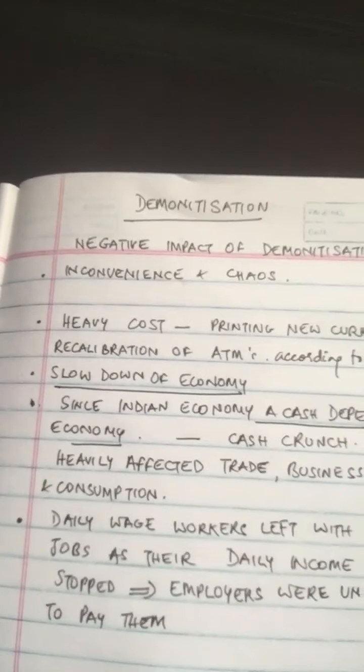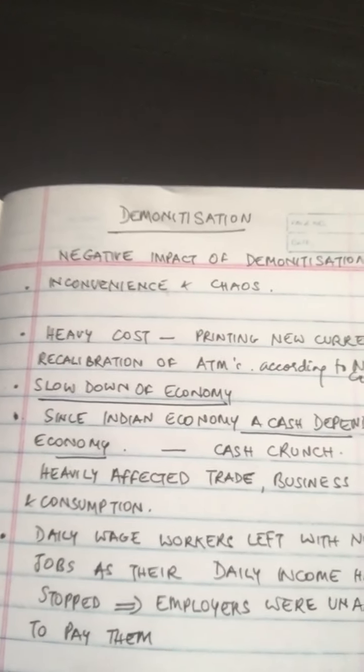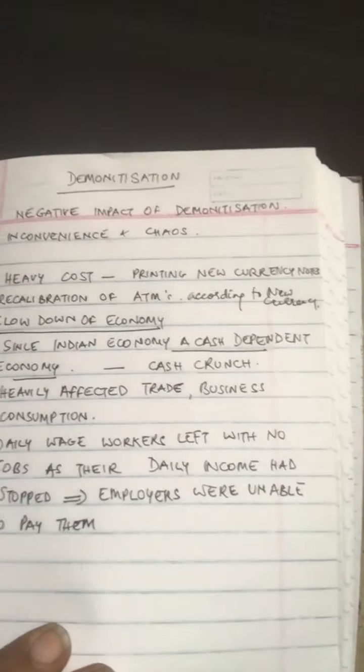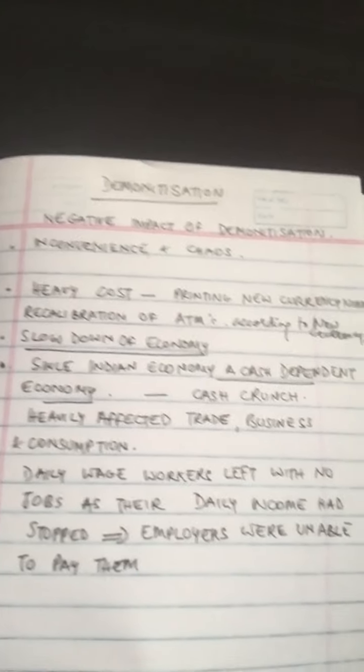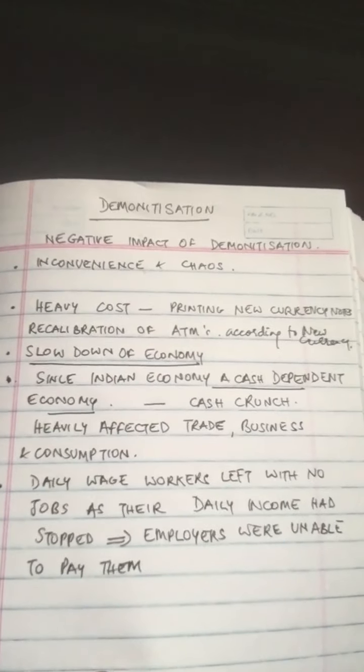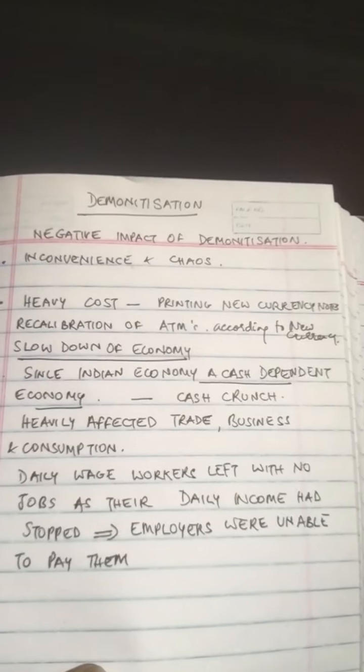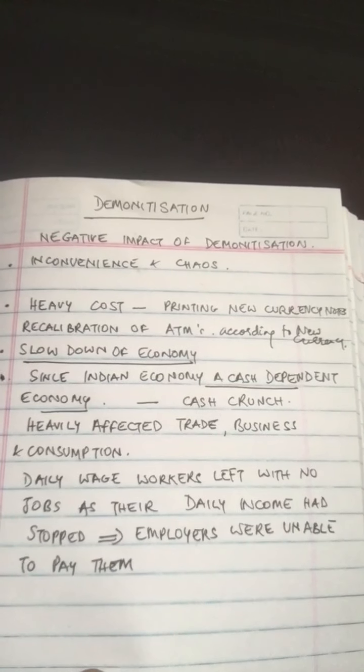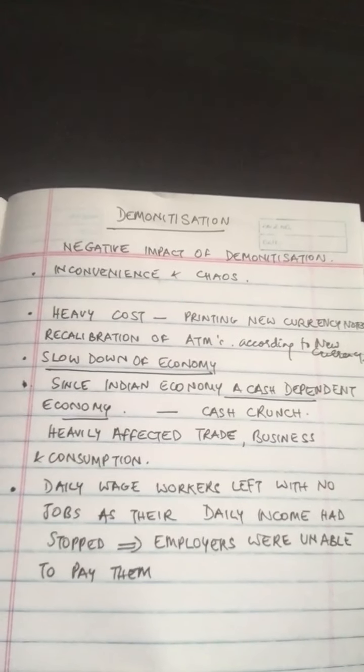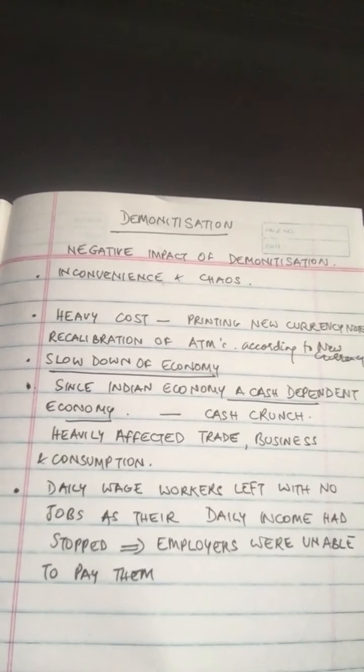So we're just going to talk about the negative impacts. If you can just see how much chaos and confusion there was. The drawbacks of demonetization, whatever merits they talked about or the objective they had, the important thing was that there was chaos and inconvenience among common people.